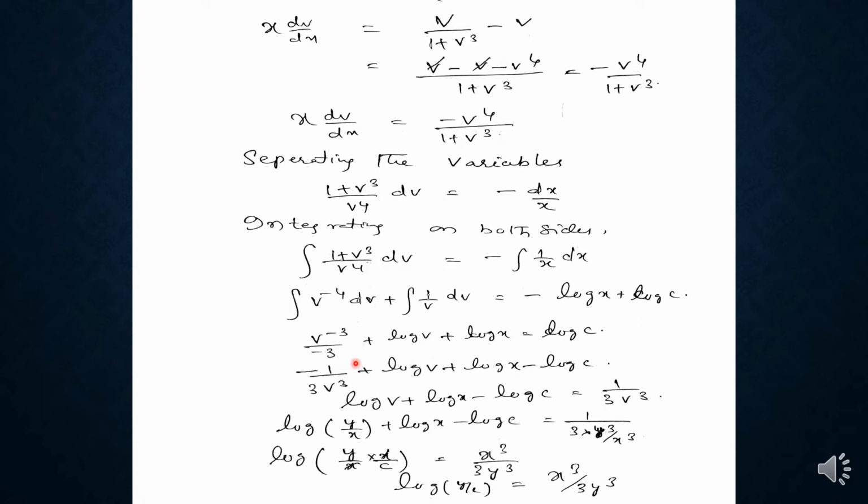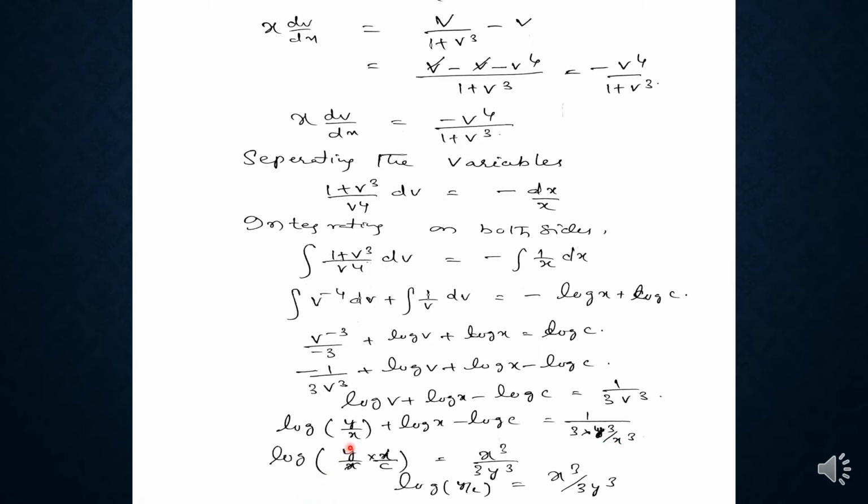So this can be written as minus 1 by 3 v cube plus log v plus log x minus log c is equal to log c. That is log v plus log x minus log c is equal to 1 by 3 v cube. So by substituting v is equal to y by x here, log of y by x plus log x minus log c is equal to 1 by 3 into v cube, means y cube by x cube.